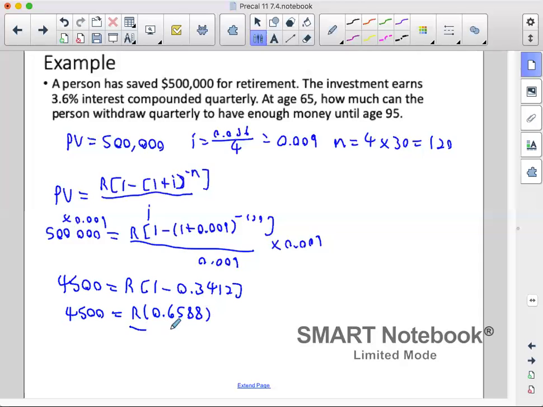Divide both sides by our 0.6588. And that gives us $6,831.02. So I can take that value out 4 times a year until they're 95.